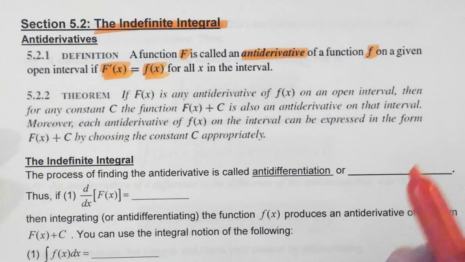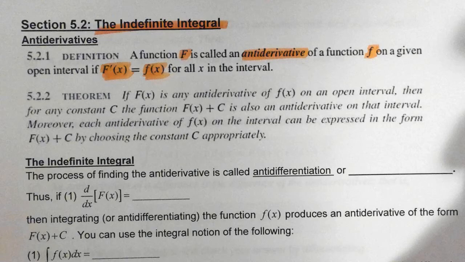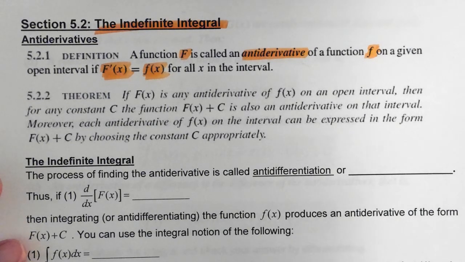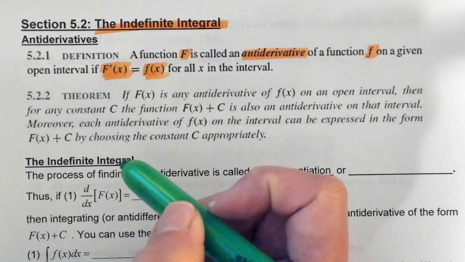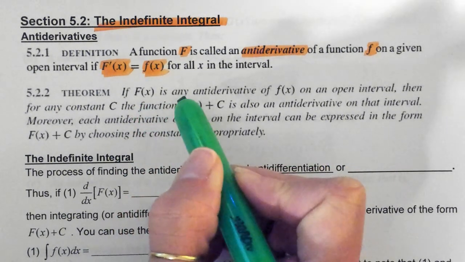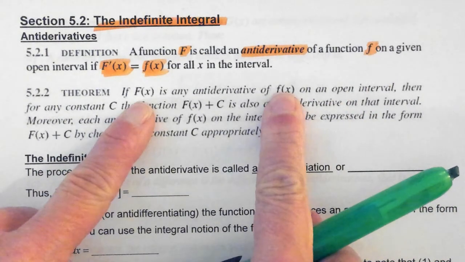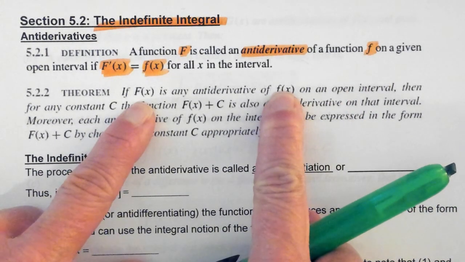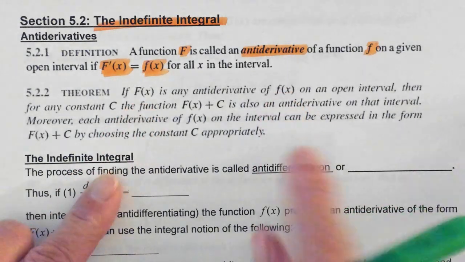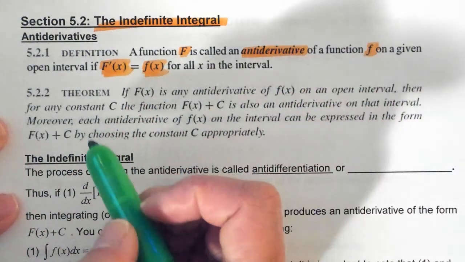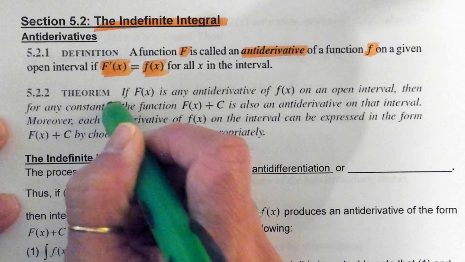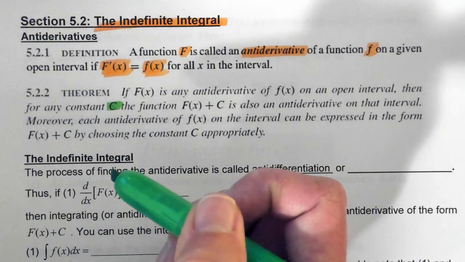All right, now they're just renaming, and again, this is just in general terms. So when you see it in specifics, for some of us, it might make more sense. So here they have a theorem. They're saying that if capital F of x is any antiderivative of f of x, so they're distinguishing between the two. That's why they have one capital, one lowercase. Okay? On some given open interval, and for any constant c, this is what I talked to you about when we practiced.